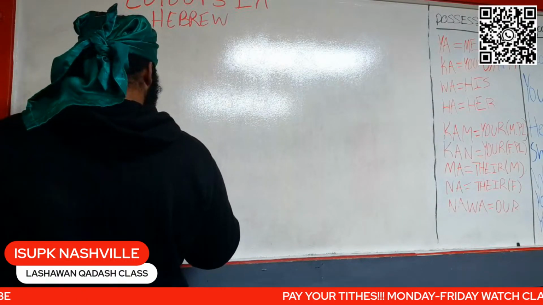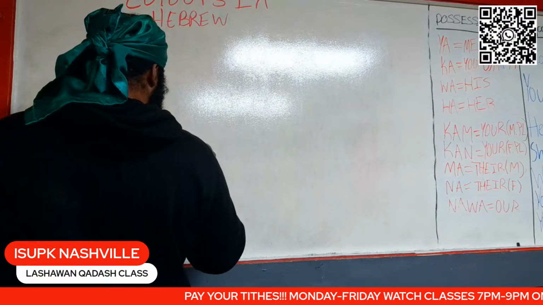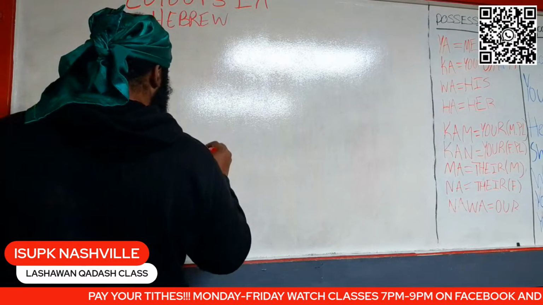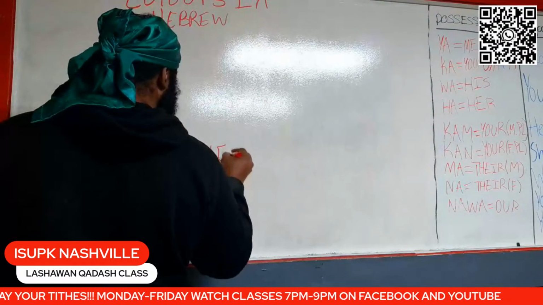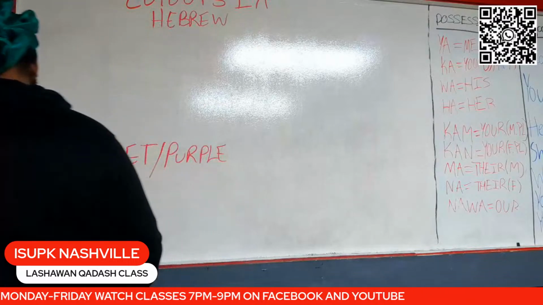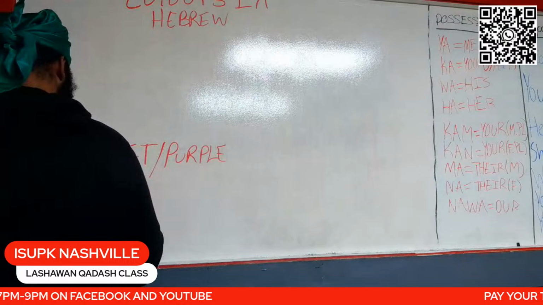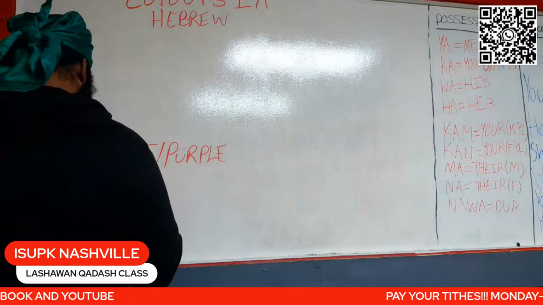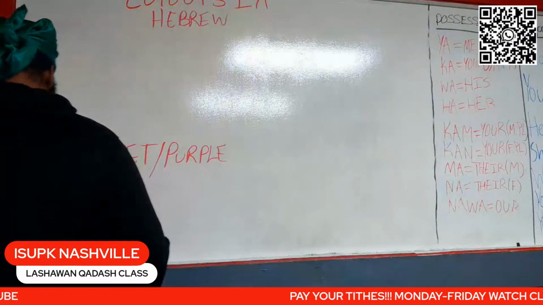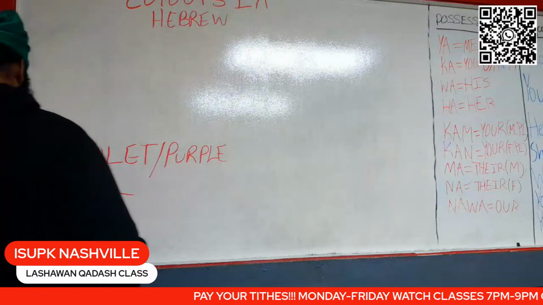Or purple, which we do know some people that like purple a little bit too much. And this word also has an origin. I'm gonna go ahead and give you the origin for time's sake.